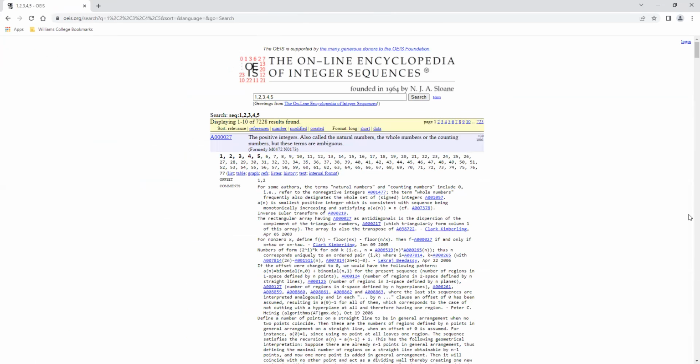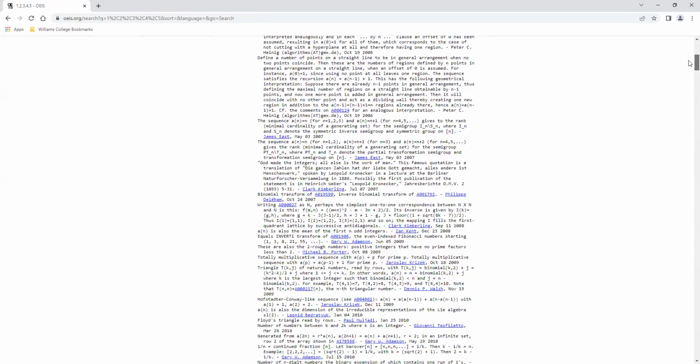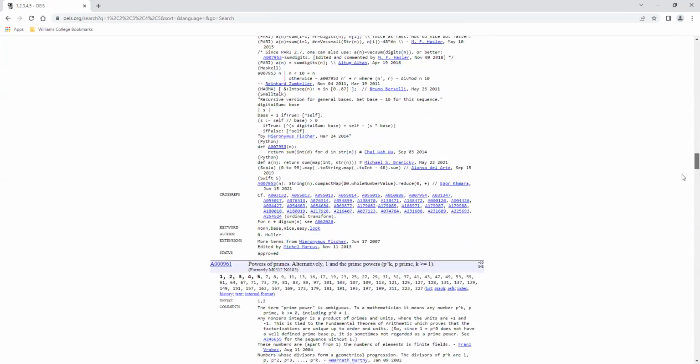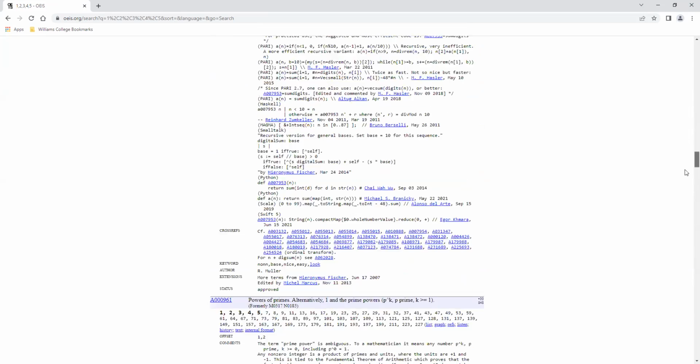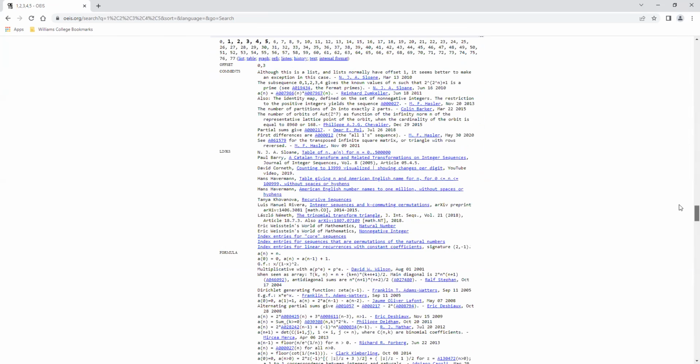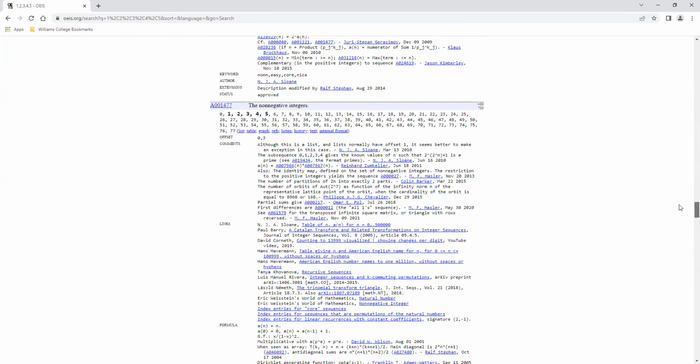So there are 7,228 results that start off 1, 2, 3, 4, 5. The first one is the positive integers. It says that's probably the one you were thinking of. And look at all the information it gives you about the positive integers. Well, okay, a lot is known about the positive integers. The next one is the non-negative integers. Okay, so it starts with 0.